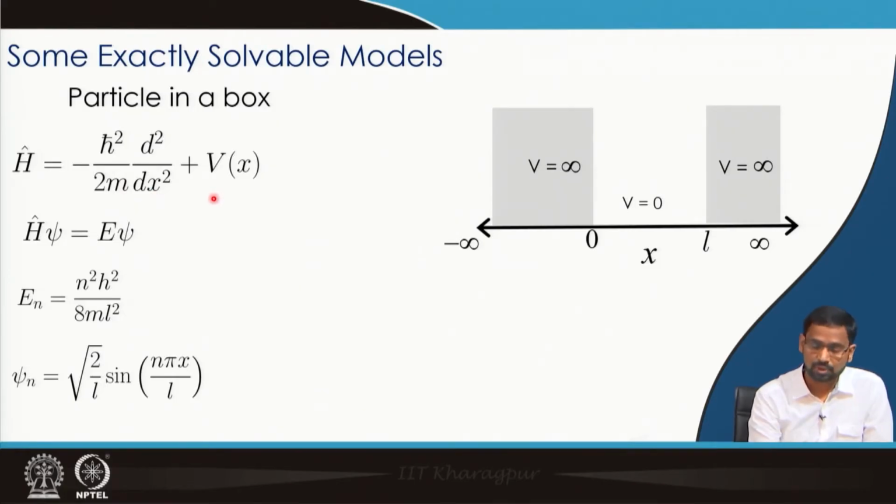In this case, we have the particle in a box problem, where outside the box the potential is infinite and inside the box the potential is 0. So, V takes a very simple form, it is either infinite or does not exist. Now, if I write down the Hamiltonian over here, then I can write down the corresponding Schrodinger equation over there.